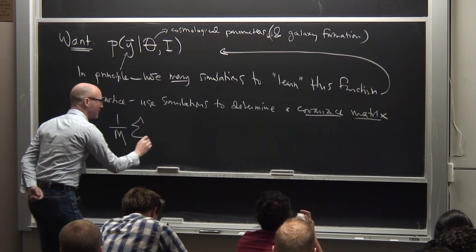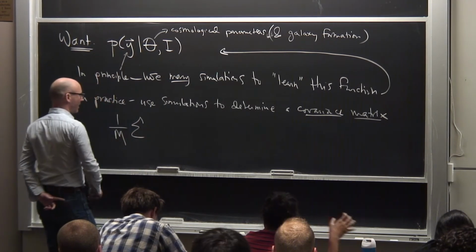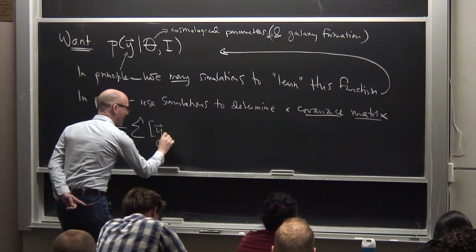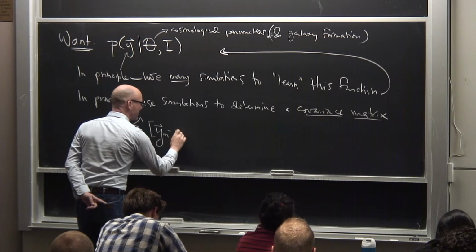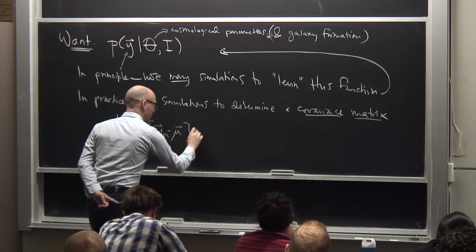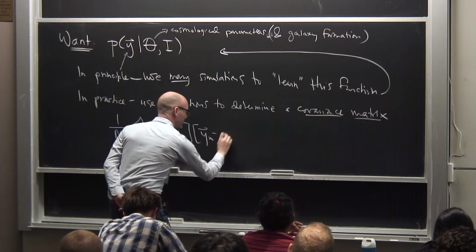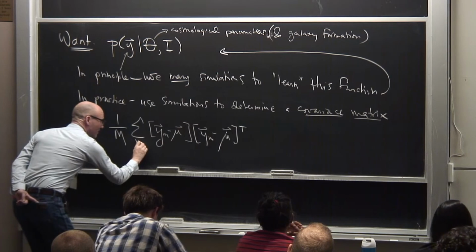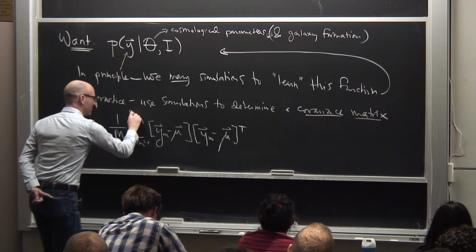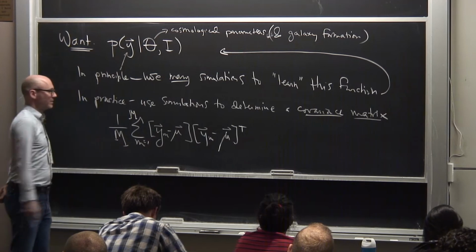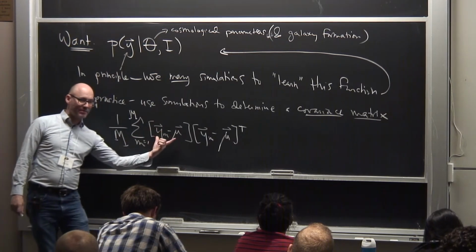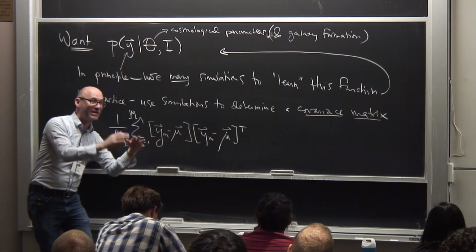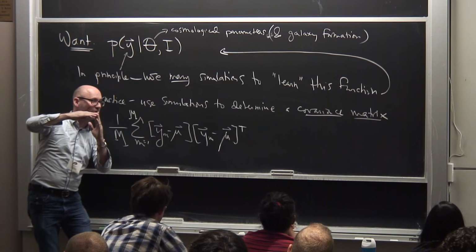We look at the empirical Y, this is Y from simulation little m minus the mean of such simulations, (Ym minus mean) times its transpose, that's an outer product, summed over m, divided by capital M. The idea is you do many simulations, you take the mean of those simulations, and then you take the outer products of the differences from the mean, and that makes an empirical covariance matrix.